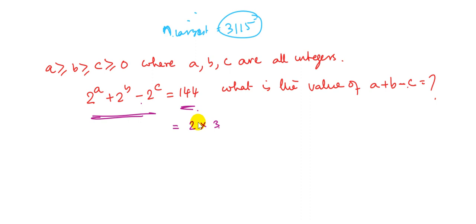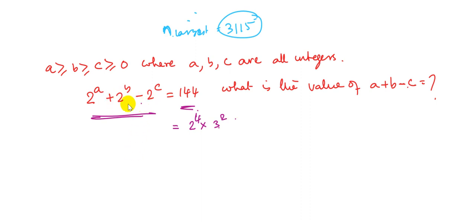What are the powers of 2 and 3 in 144? So 2 to the power 4 into 3 square. Correct. So this is my right hand side. That means I have to somehow equate my left hand side in terms of these two factors.